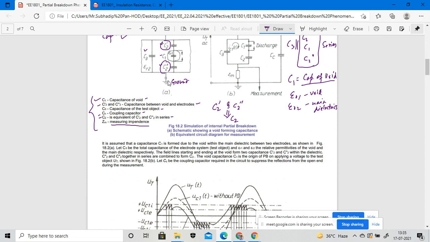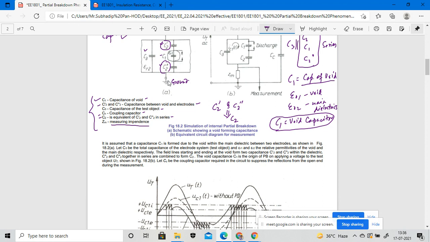So the void capacitor is my C1. The void capacitor C1 is the origin of the partial breakdown on applying the voltage to the test object, which is considered as UT, as shown in the figure.